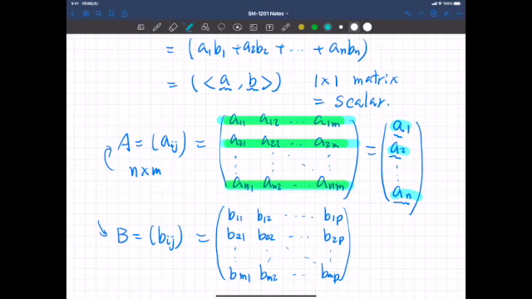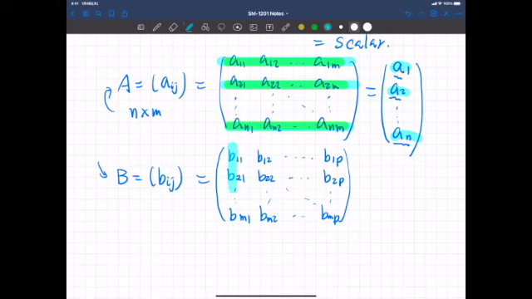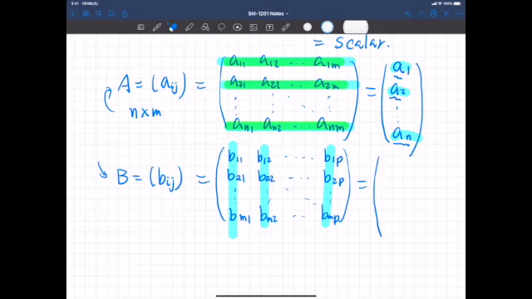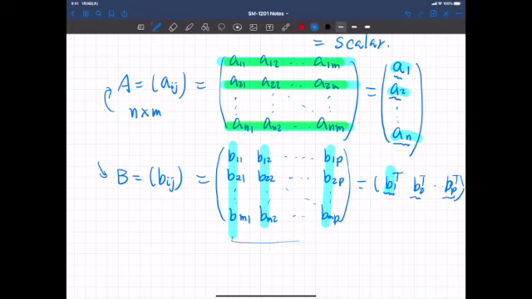Okay, and this time we regard each column of this matrix as a column vector. So let's say this is B1 transpose, B2 transpose, and BP transpose. So this B1 is a row vector, so its transpose is a column vector, which corresponds to the first column, and this corresponds to the second column, and so on.